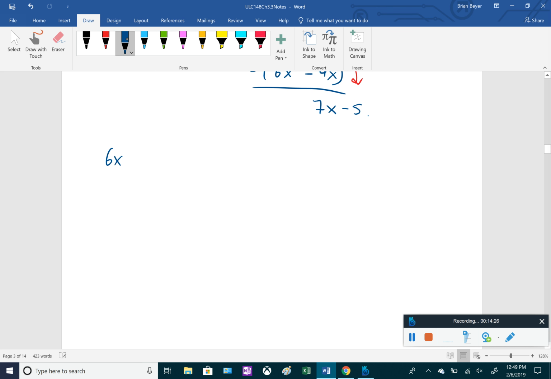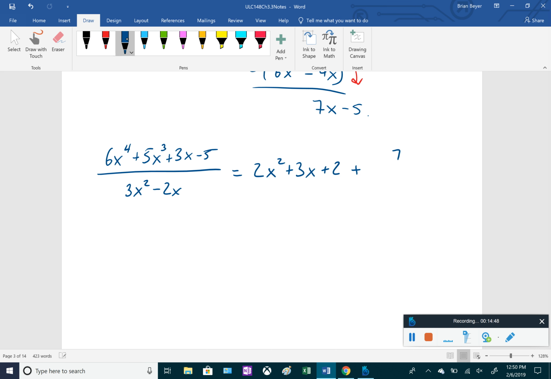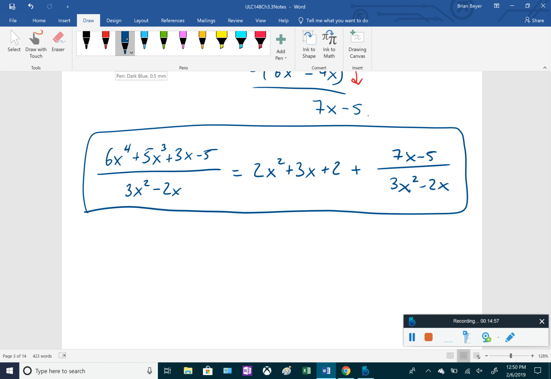So it's going to be 6x to the 4th plus 5x cubed plus 3x minus 5, divided by 3x squared minus 2x, equals the quotient plus the remainder over the original divisor. So that is our result right here.